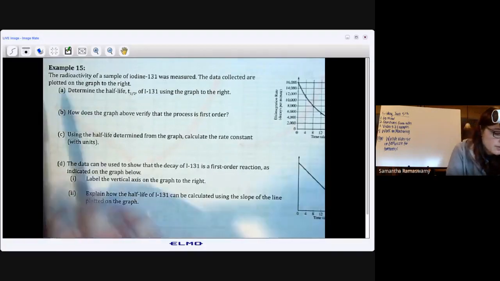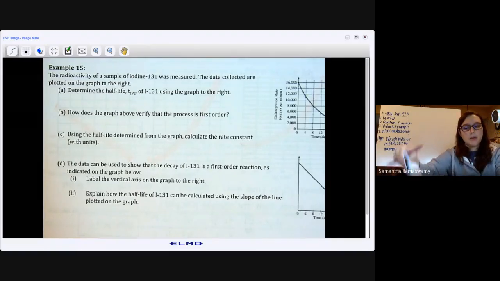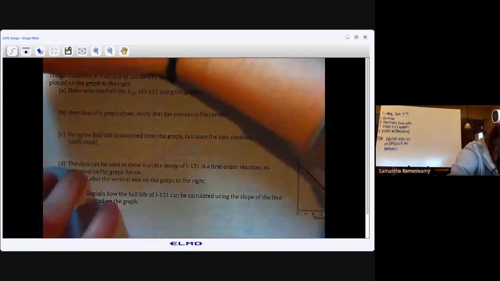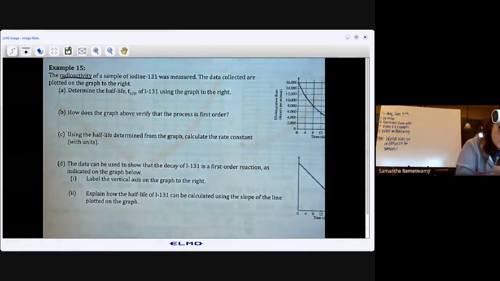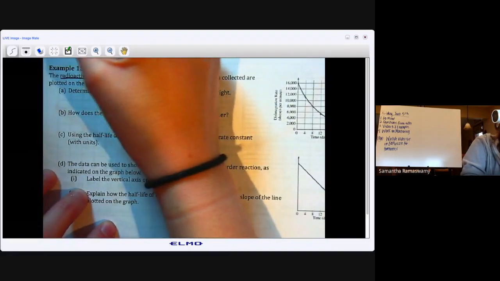So it says the radioactivity of a sample of iodine 131 was measured. So radioactivity is important because it's talking about a radioactive process. So it's talking about radioactive decay. So radioactive decay is an example of a first order process.